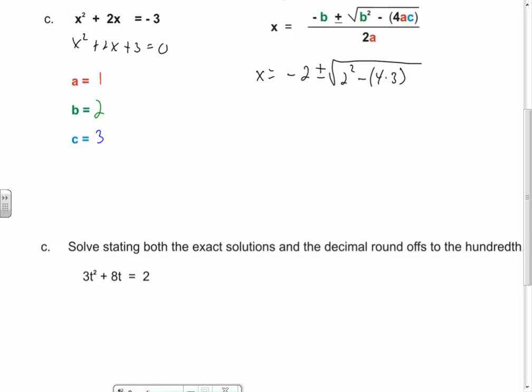Then we got a 3, and this is all over 2 times 1, which is a 2. So hopefully you agree that's where we're at. If you look in your radicand, that's a 4. And this is going to be a negative 12. So the radicand is a negative 8.